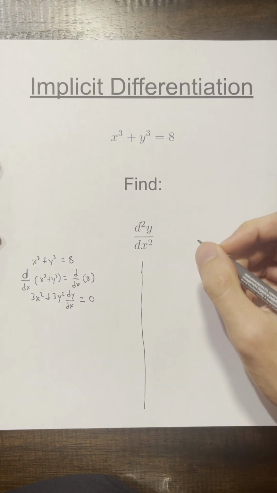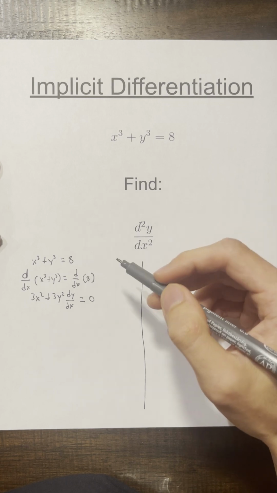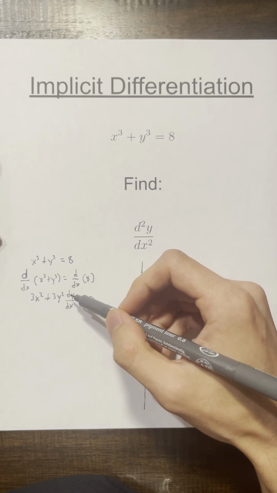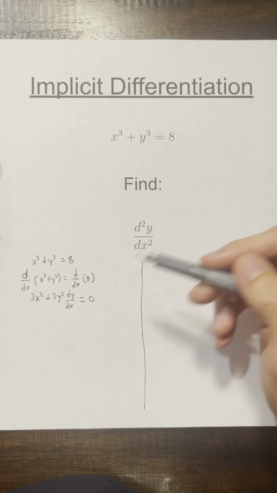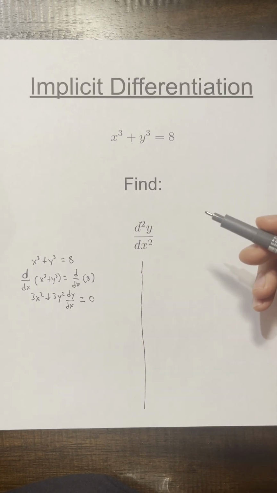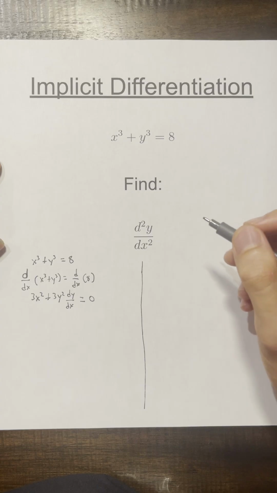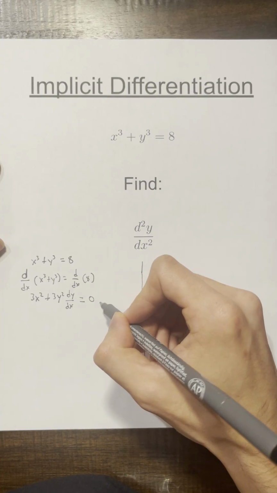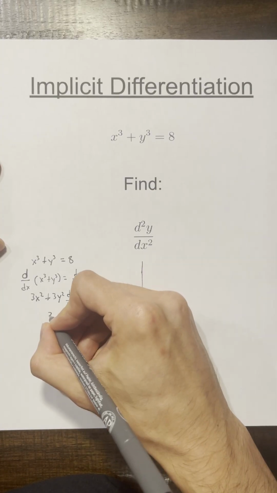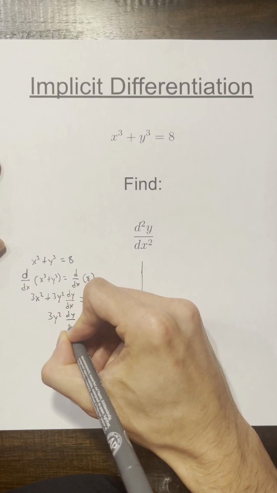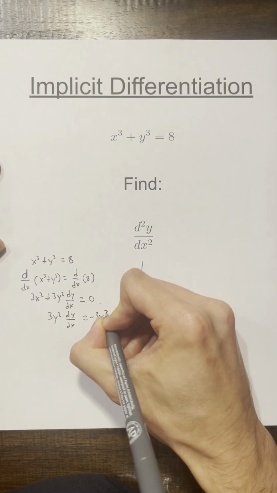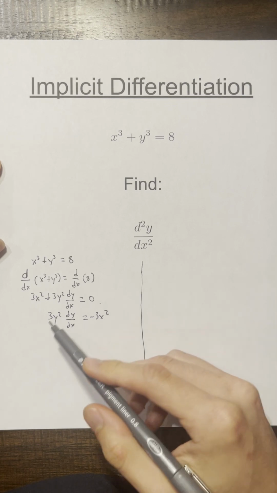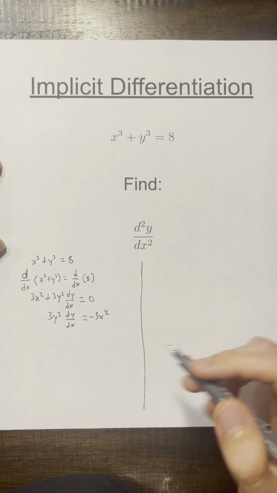All right, now to find dy dx, we need to get dy dx by itself from this equation. So how do we do that? Let's move everything that doesn't have dy dx to the other side of the equation. That's going to be our first step. And what should I divide by on both sides to get dy dx by itself?